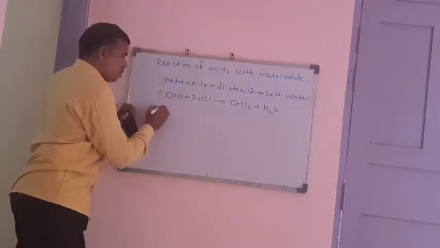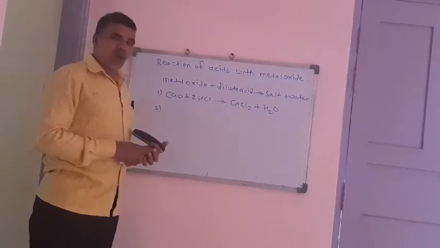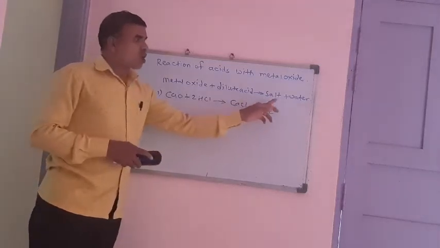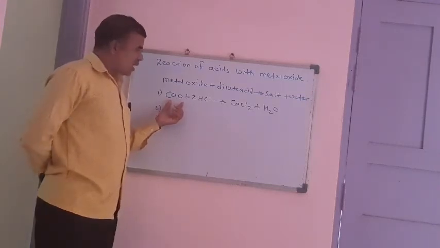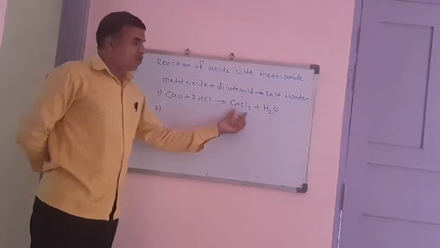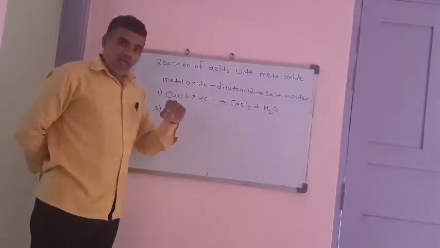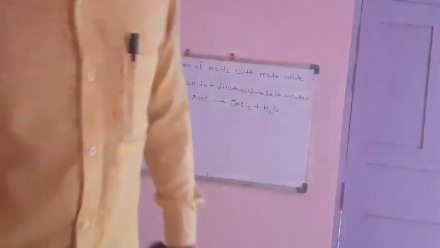Metal oxide reacted with dilute acid gives the products salt and water. First example, calcium oxide reacted with hydrochloric acid, we get calcium chloride and water. The second and third examples we have to complete in our book.